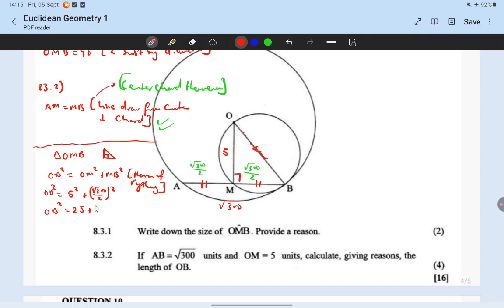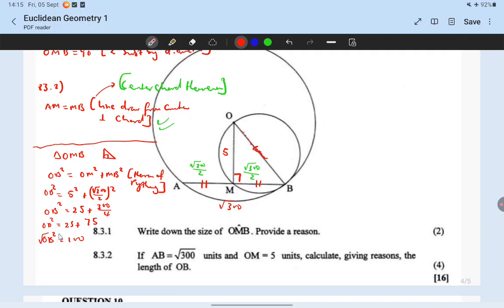I'm sure this will give us 300, and 2 squared gives us 4. So this will be 200 divided by 4. So OB squared gives us 25 plus, and if we divide this by 4, we get what? 75. So our OB squared gives us 100.